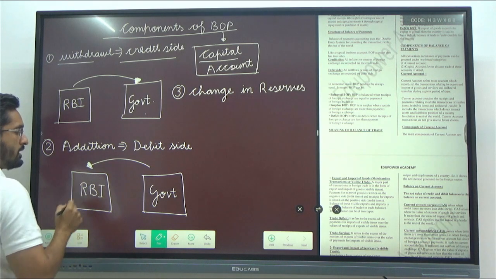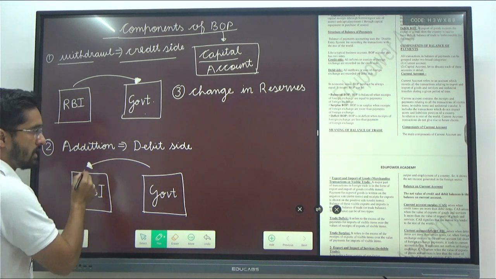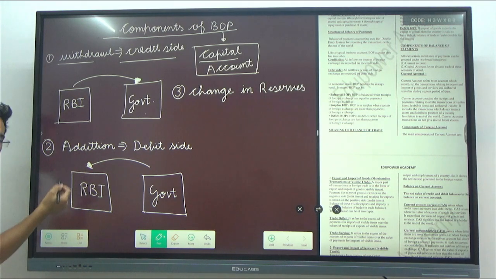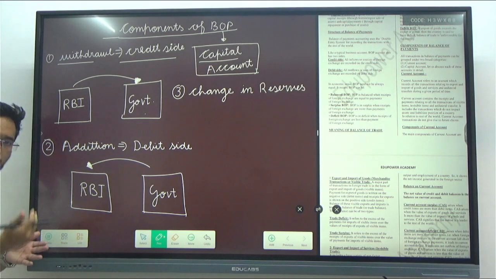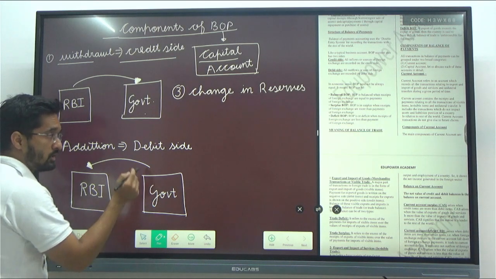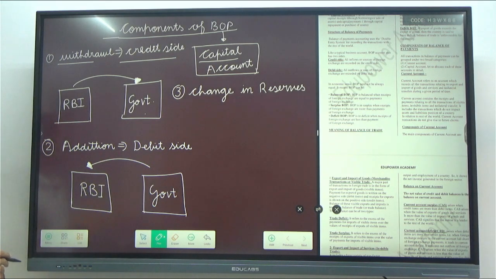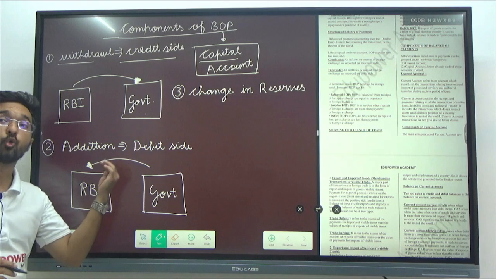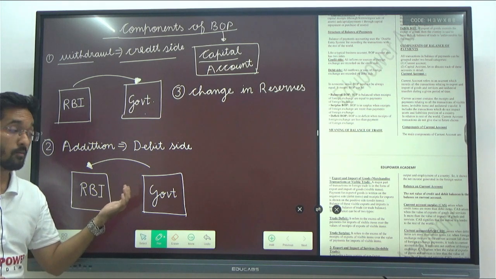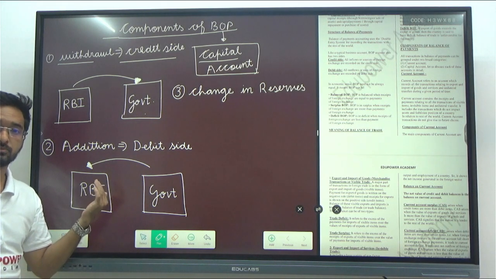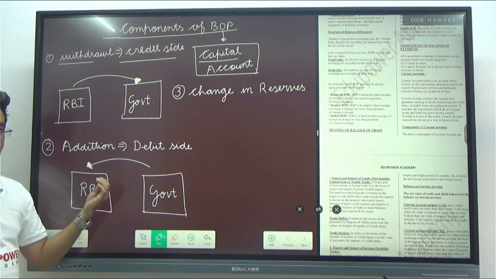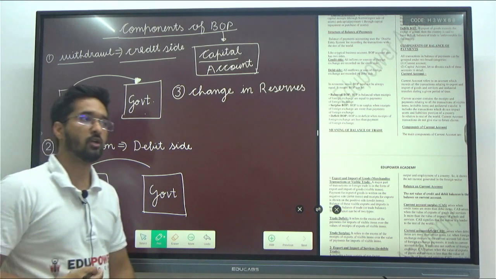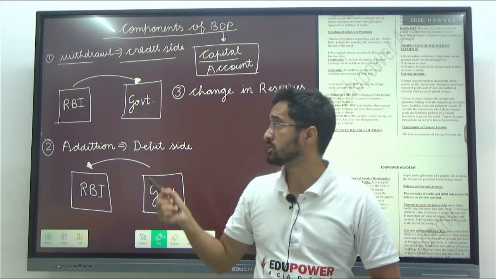So, that payment is for the RBI an addition of reserve, extra reserve coming in, but for the government this is the debit side. It is a debit, money is flowing outside the government treasury. Okay. So, it seems to be counterintuitive, but actually this is correct.